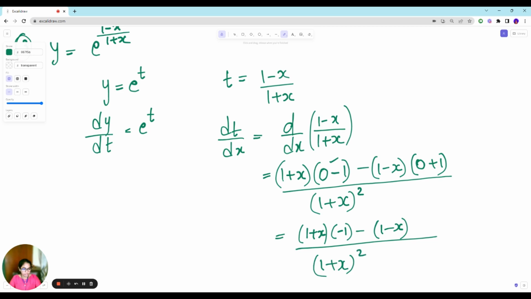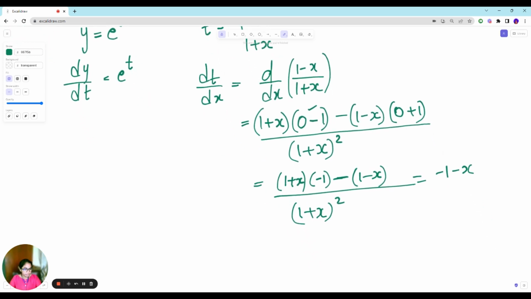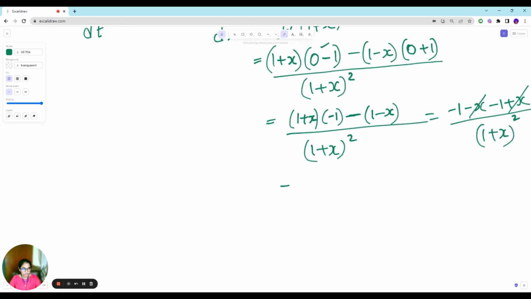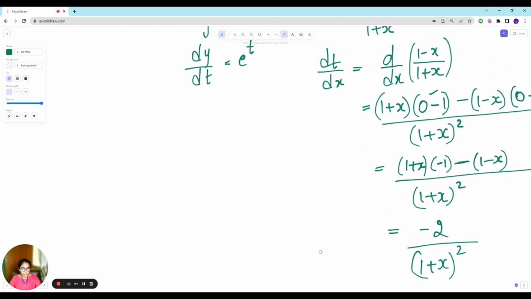So now let me give the negative sign to each term, that would become minus 1 plus x. Clearly plus x minus x gets cancelled. So you would get minus 1 minus 1, that is minus 2, divided by (1 plus x) the whole square.